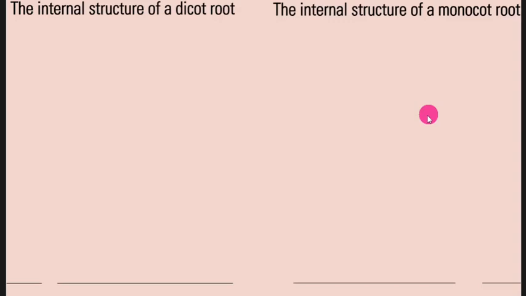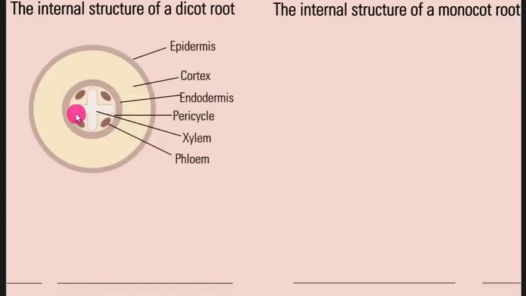That kind of seed that has one cotyledon is known as a monocot. So we'll look at how the internal structure of a dicot root looks, and then at the internal structure of a monocot and see how these two look. All right, so we'll start with this one here.